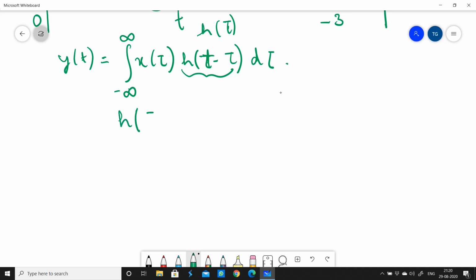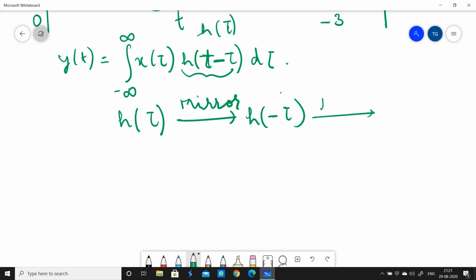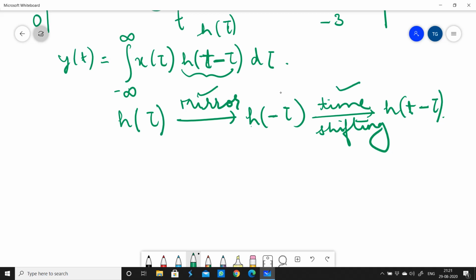So h of tau first, what we are doing is we are time reversing it or mirroring it. So by mirroring operation or time reversal operation, we are obtaining h of minus tau, and then we are time shifting it by t, so by these two operations we are generating h of t minus tau.